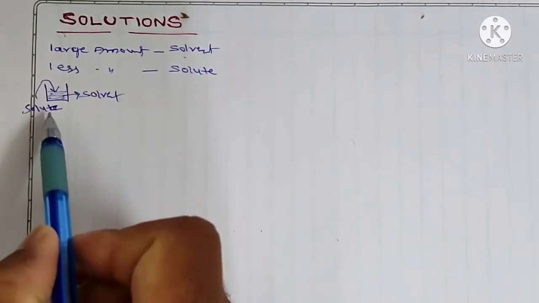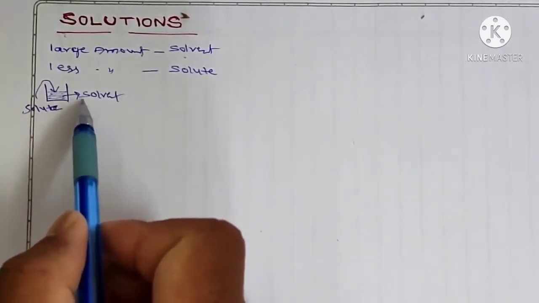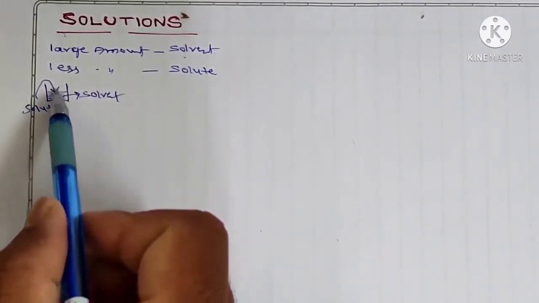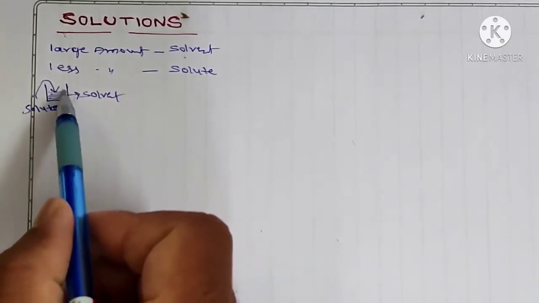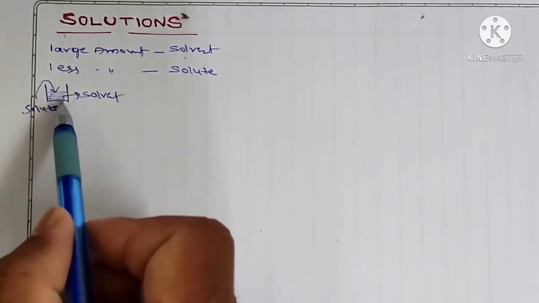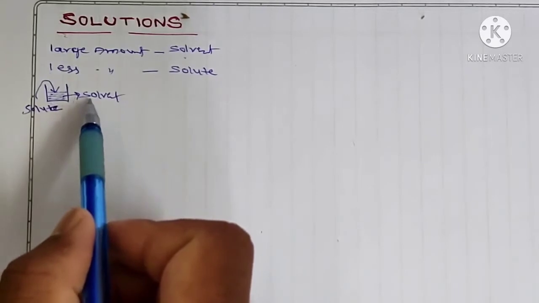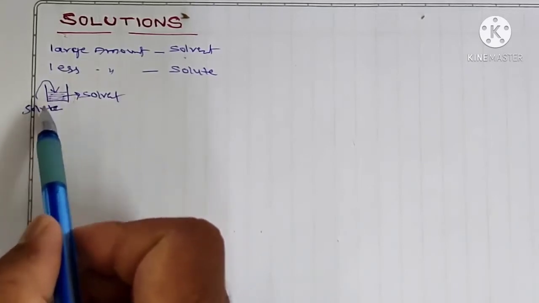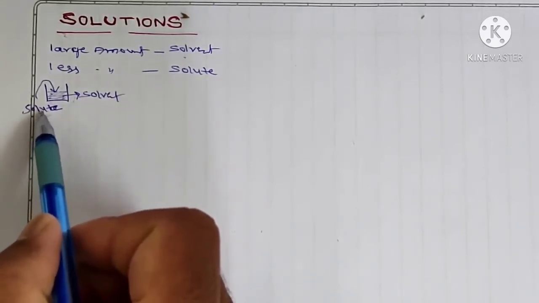That sugar solute completely dissolves in the water solvent, so then we are getting the solution. So in that solution we have two components. One is the water, that is called solvent, and the other one is the sugar, that is a solute.